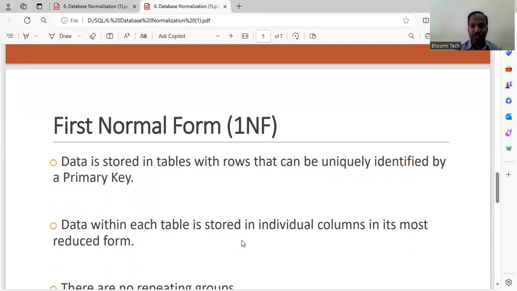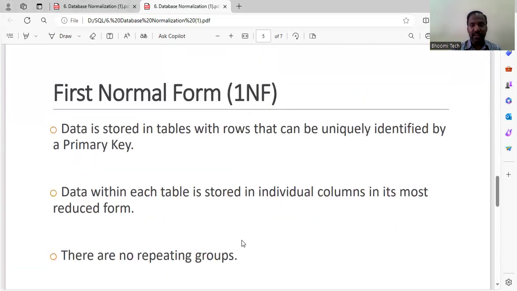What do you mean by most reduced form? It's like there is no repeated data. There is no inconsistency, there are no blanks, and we reduce all those things by eliminating blanks and eliminating inconsistencies. So data within each table is stored in individual columns in its most reduced form, and there are no repeating groups.